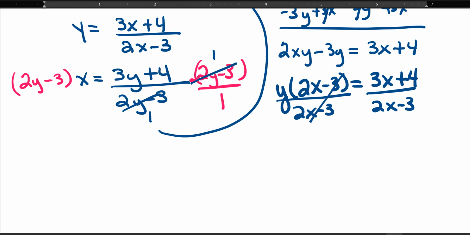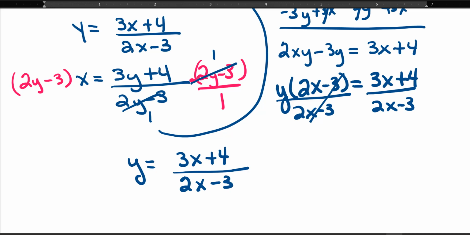And we have here y is equal to 3x plus 4 all over 2x minus 3. It looks exactly like the original question. So our inverse, how we write it, it's just like the original question itself.